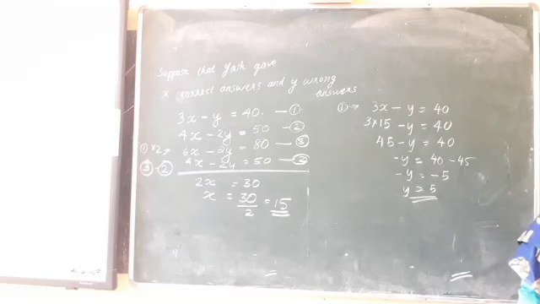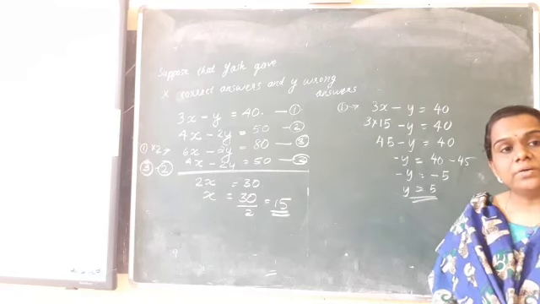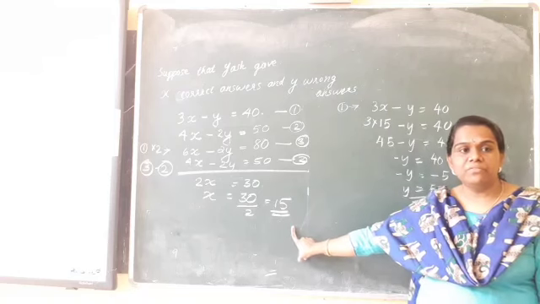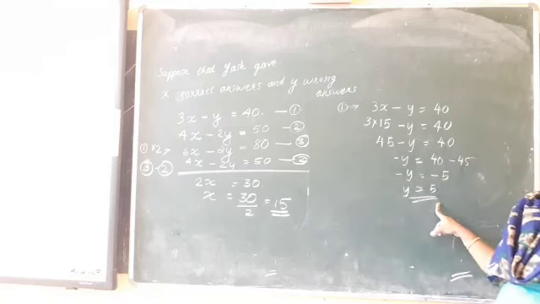Then how many questions are there altogether? Total number of questions. Correct answers how many? 15. Wrong answers 5.